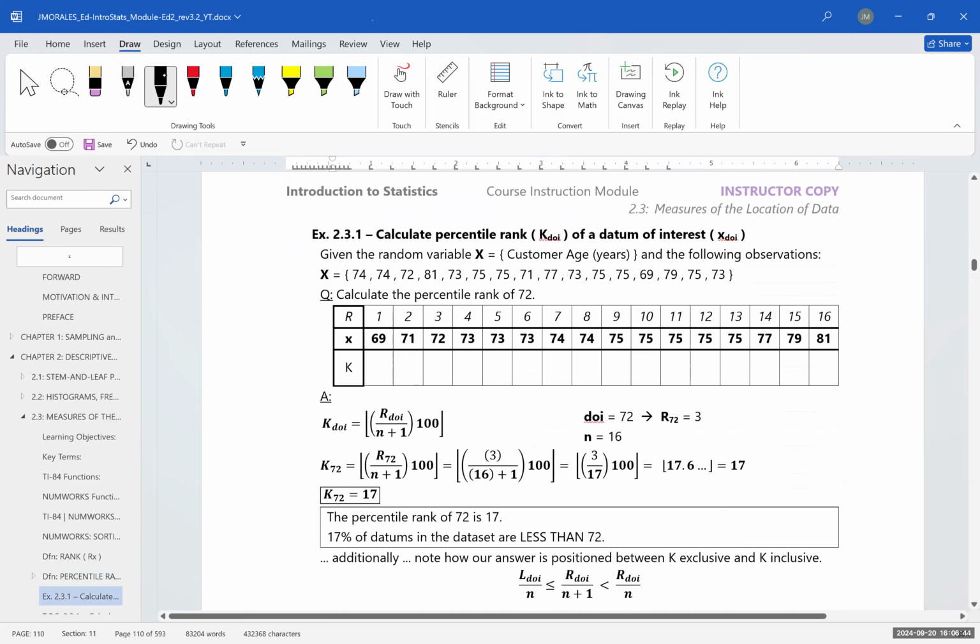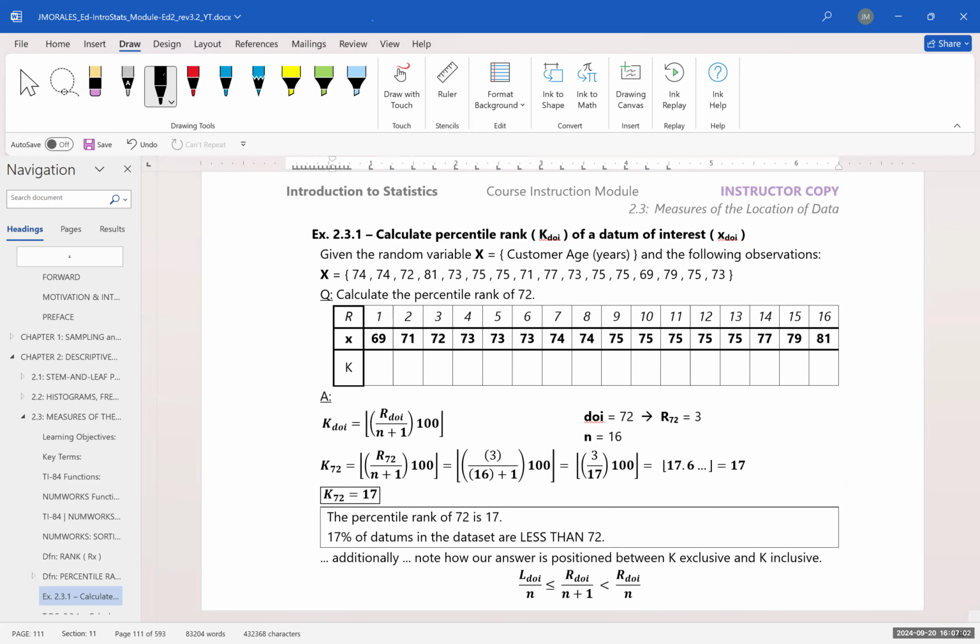Maybe you can see how this looks when it's applied. Given the random variable x, where x is customer age in years, and the following observations. This is the same data set that I used earlier.